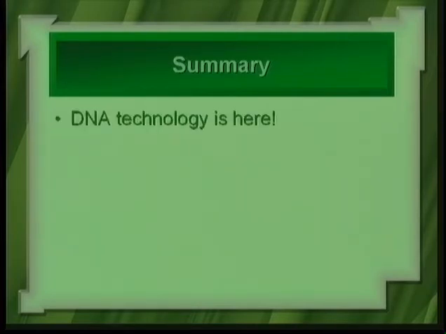Anyway, in terms of what we're going to finish up on, we've kind of finished today's lecture, and it gives us a lot of things to think about. So first of all, DNA technology is here. It's been here since the 1970s, built on a lot of the foundations we talked about, including classical genetics, molecular genetics, and a lot of the early workers in the 20th century.